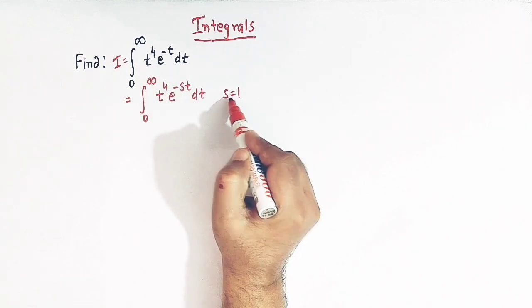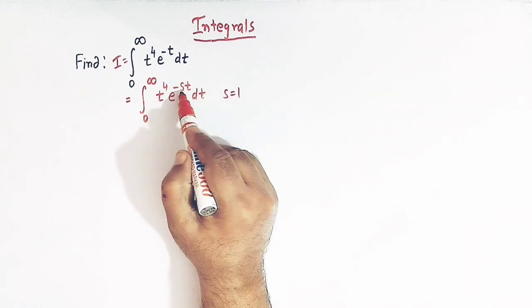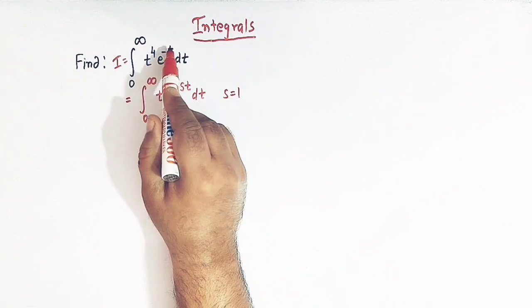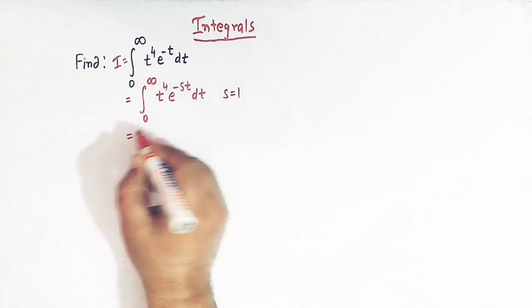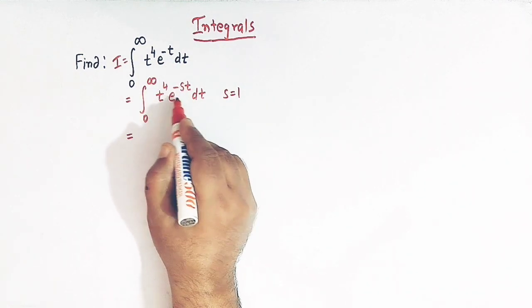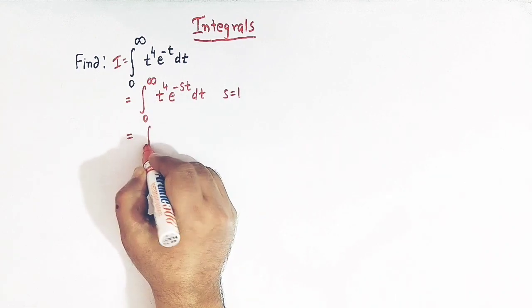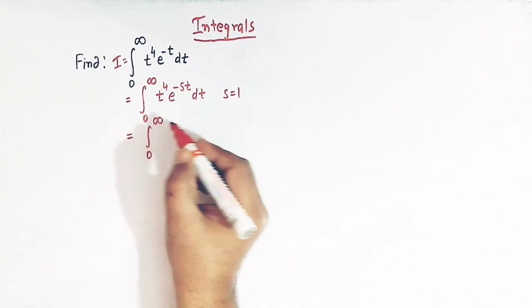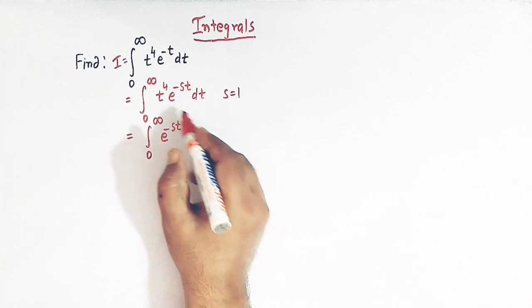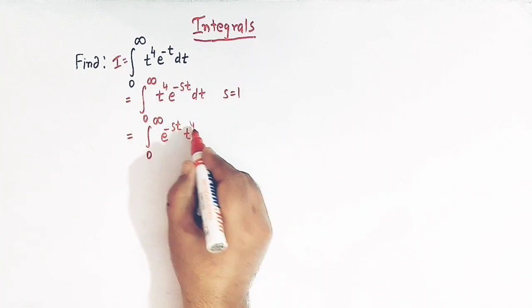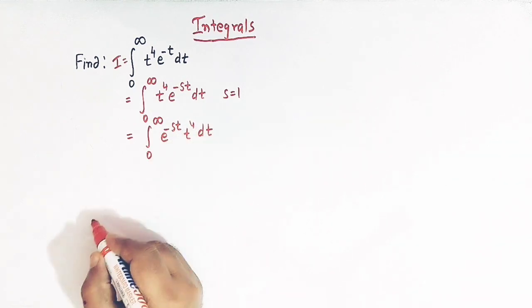So once we take s equal to 1, we can readily get this integral. Now let us rearrange these terms. We can write 0 to infinity, e raised to minus st and t raised to 4 dt.